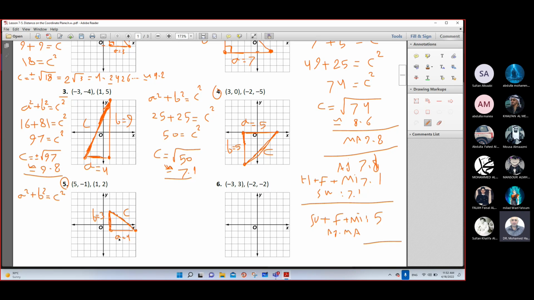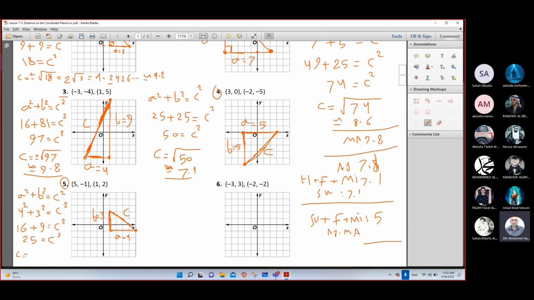So A squared means 4 squared and B squared means 3 squared equals C squared. 4 squared means 4 times 4 equals 16, plus 3 squared, 3 times 3 will be 9, equals C squared. 16 plus 9 will be 25, equal C squared.